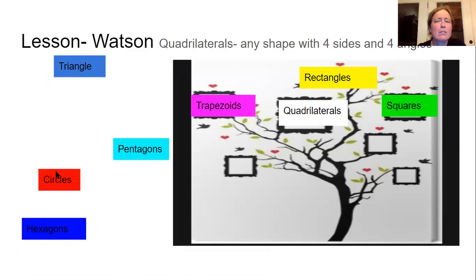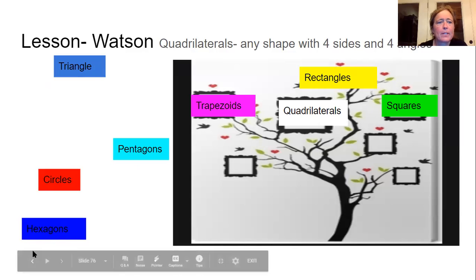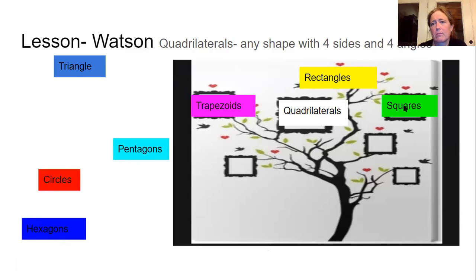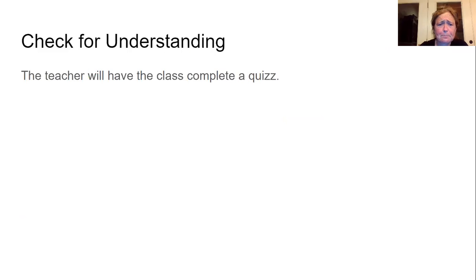Now, circle might be a little difficult for you, but try your best, and if you can do it, that's great. But you should have all of the others, no problem. Hexagons, pentagons, triangles, trapezoids, rectangles, and squares. Okay, I will leave that list for you in Showbie so that you can find it.